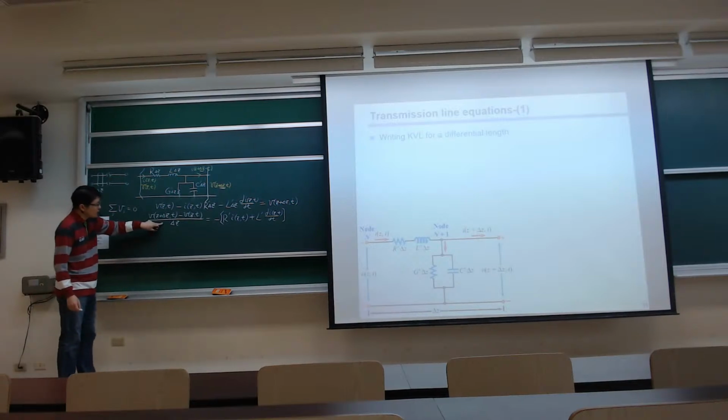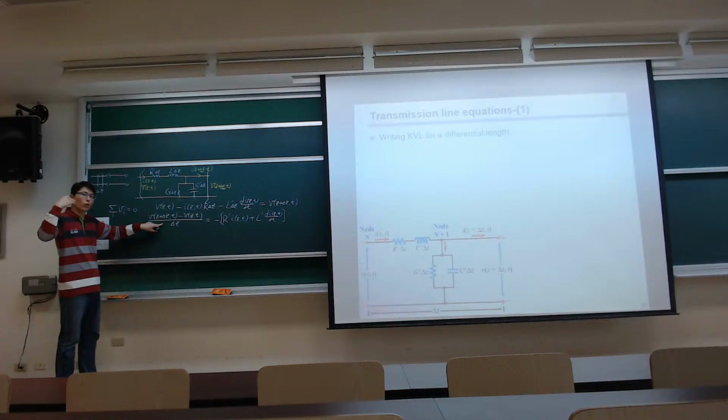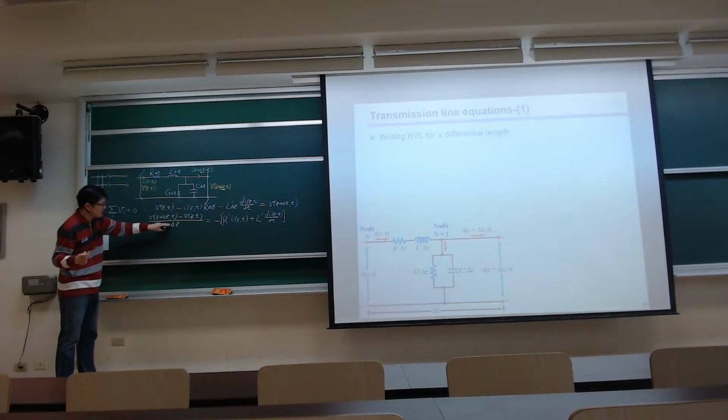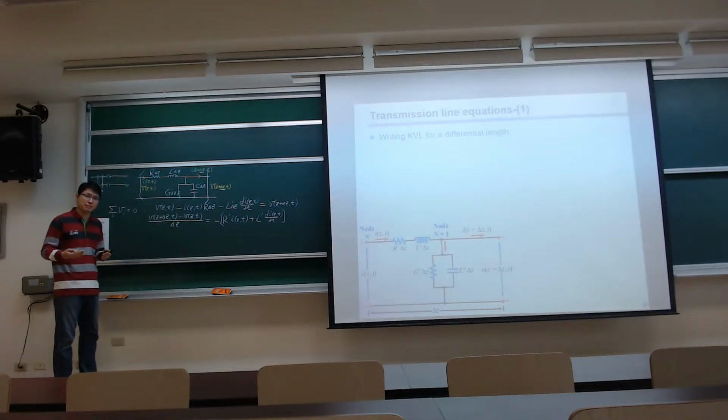But when you take a look, because our working principle is to assume this differential length is very, very short, this thing on the left becomes a differentiation in space.